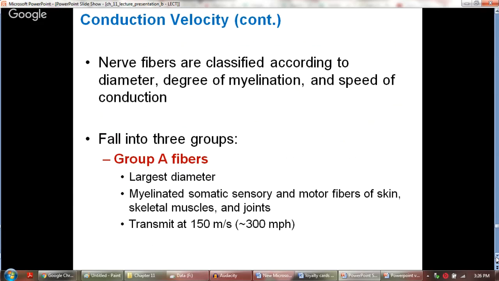With regard to conduction, we can't forget about the different types of fibers. The fibers can be classified according to their diameter, degree of myelination, and speed of conduction, and they fall into three groups. Group A fibers are large diameter fibers, the myelinated somatosensory and motor fibers of the skin, skeletal muscles, and joints.